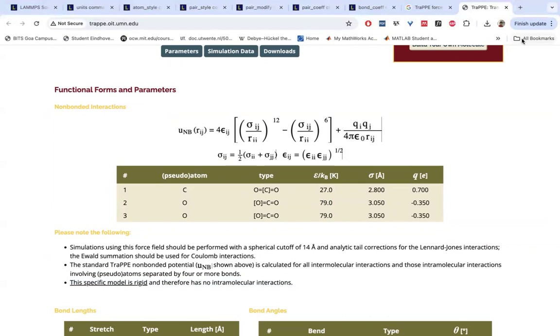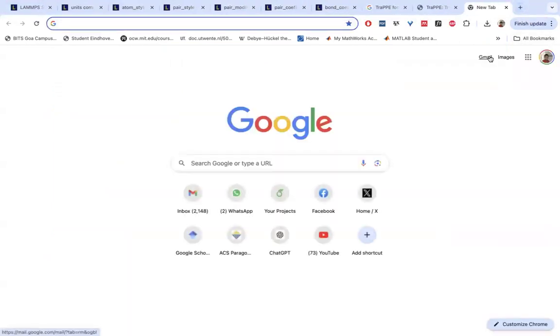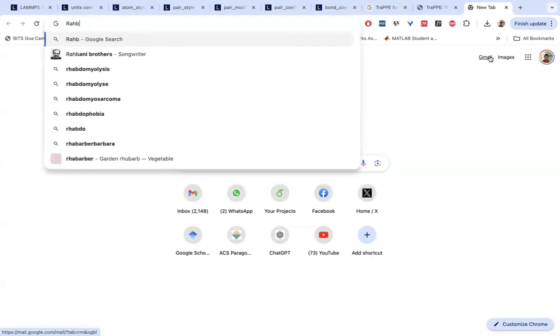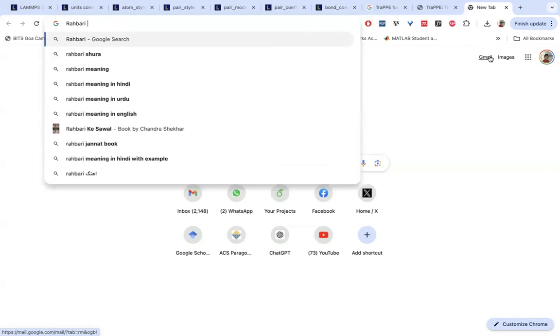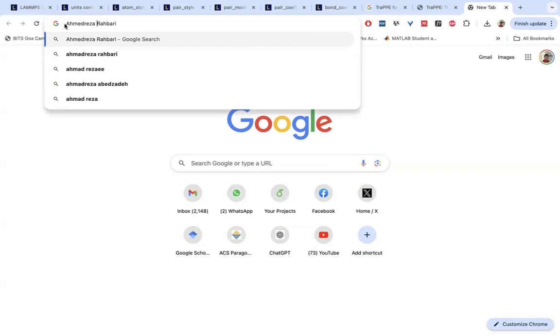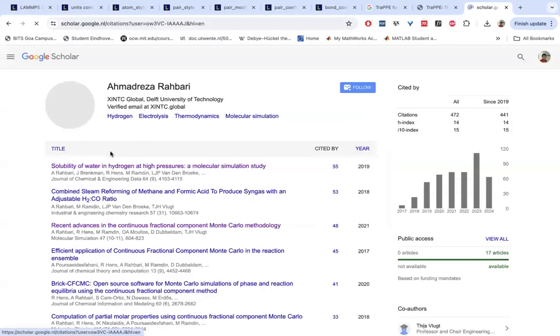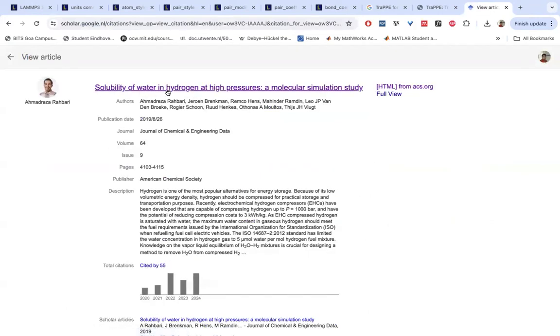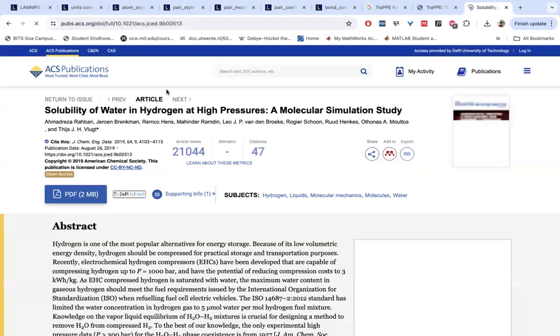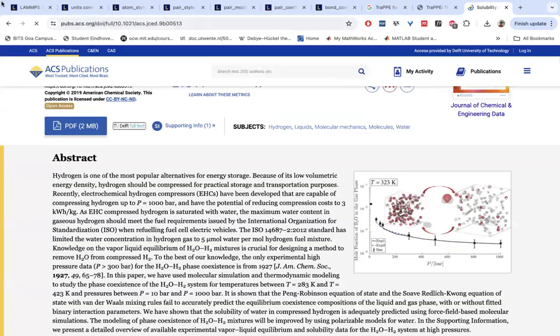Similarly for hydrogen, for the Marx and Nilsson-Kadi force field, you can refer to many of the other papers that have been standardly used in the field. So for example, the paper by Rahbari, Ahmad Reza, so you can choose one of these papers to actually read all the information about the different force fields.